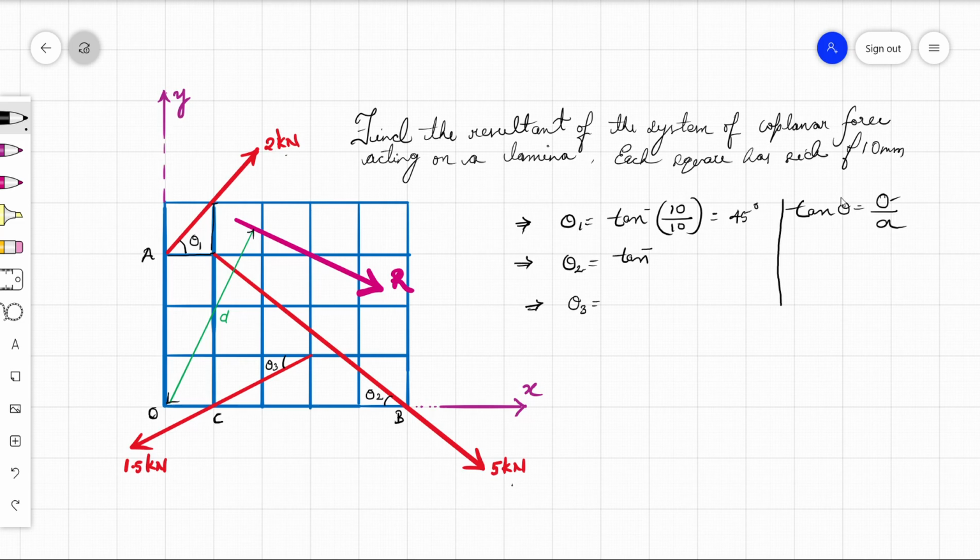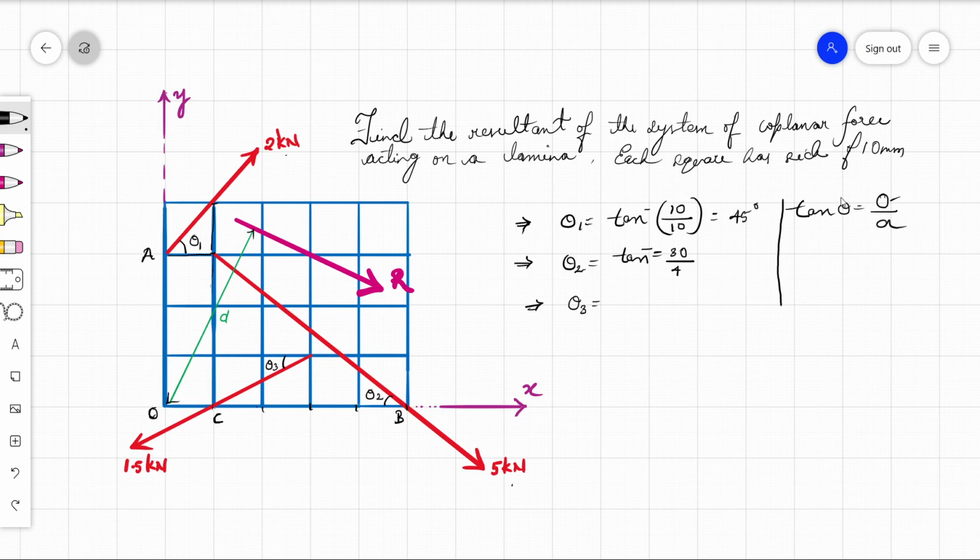The opposite is this vertical distance from C to A, and the adjacent is B to C. So over here the opposite is 10 plus 10 plus 10, that is 30, and the adjacent is 10 plus 10 plus 10 plus 10, so this is 40.